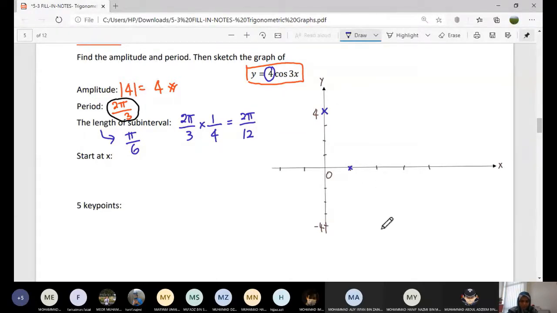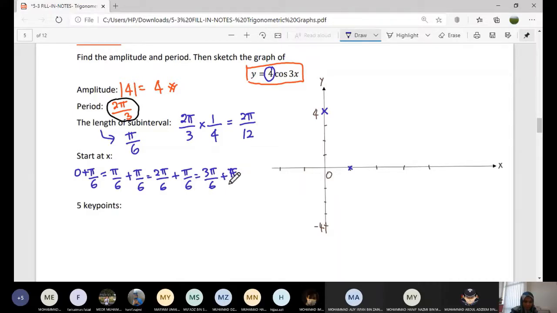Before that, we need to find the value for the first scale here. So we start at 0, and then plus pi over 6 equals pi over 6. Then continue plus pi over 6 equals 2 pi over 6, plus pi over 6 equals 3 pi over 6, and so on. 4 pi over 6.